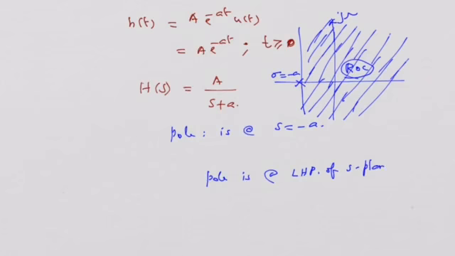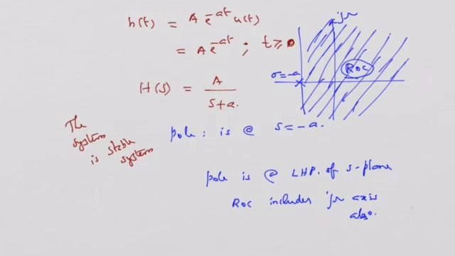Of S plane, and RoC includes j omega axis also. Therefore, the system is a stable system.